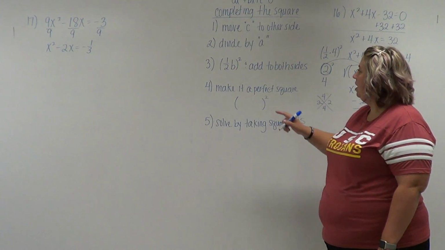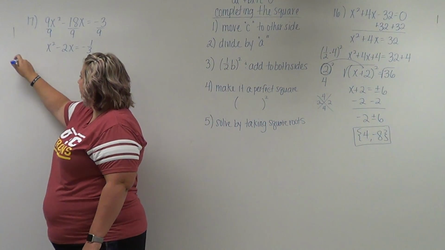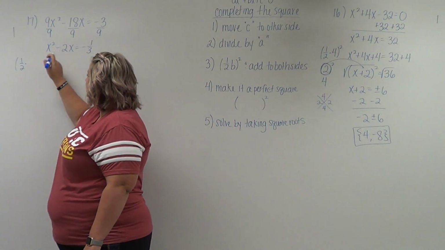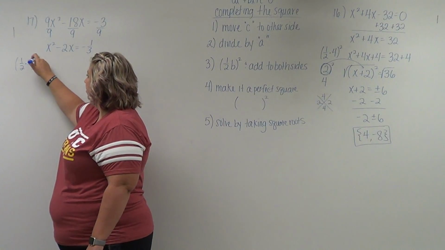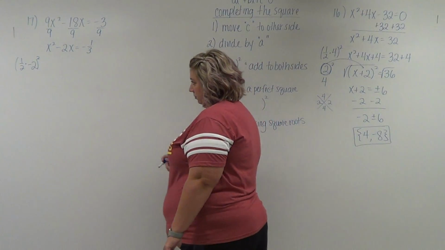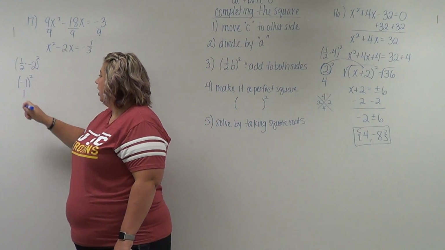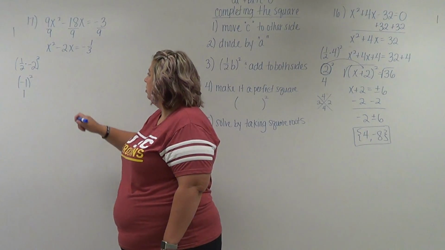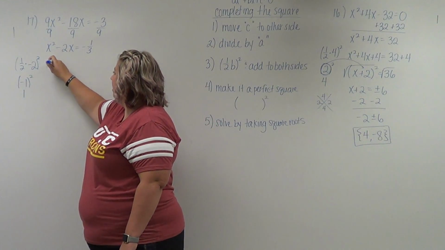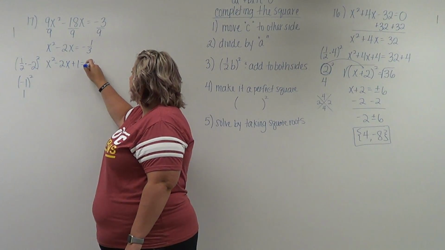Okay, step 3. Half of b squared. My b is now negative 2, because it's after I divided by a. Half of negative 2 is negative 1, and negative 1 squared is 1. We're going to add that to both sides.